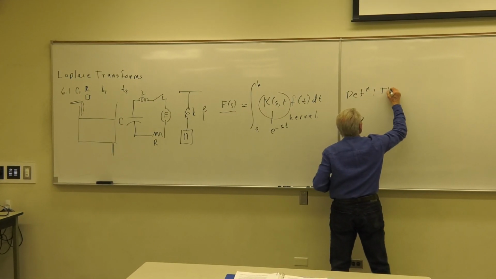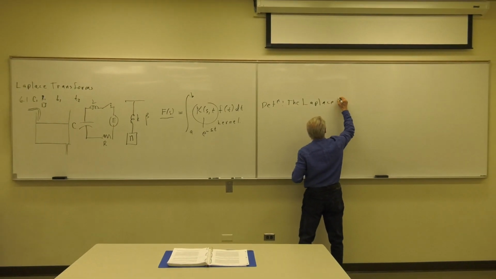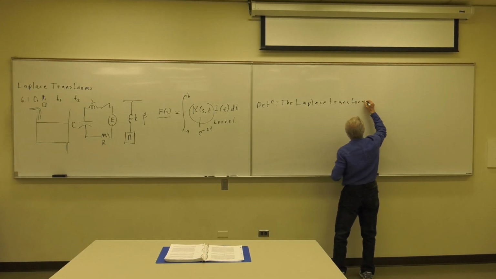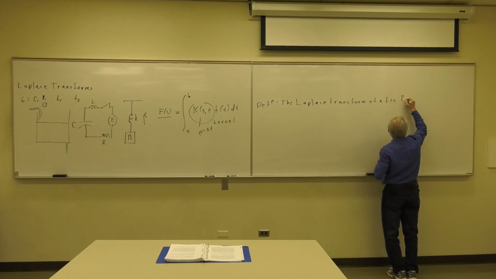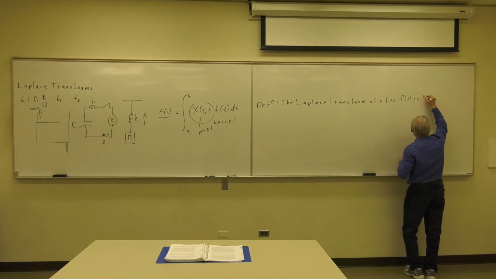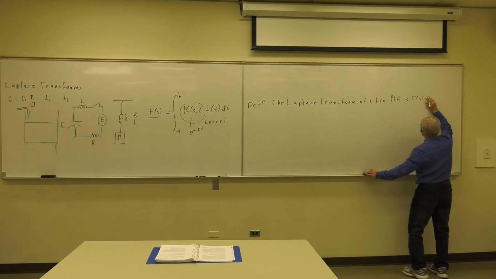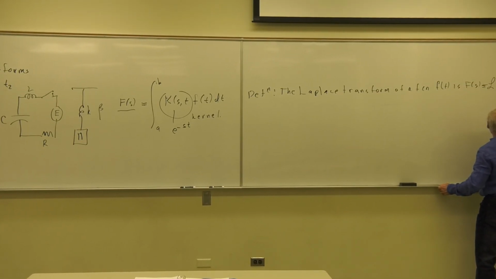So we have the definition. The Laplace transform of a function f of t is F of s. You often write this as F of s equals the Laplace transform of f of t.